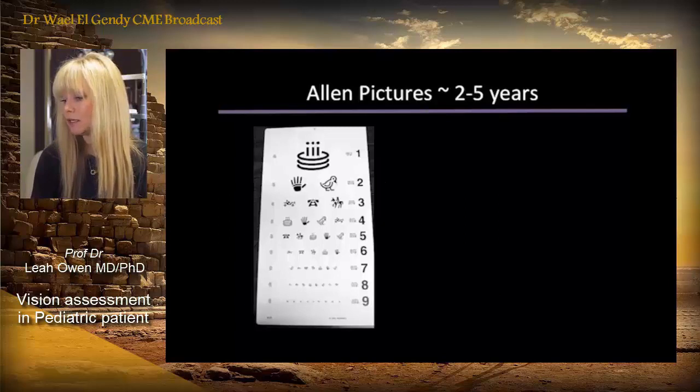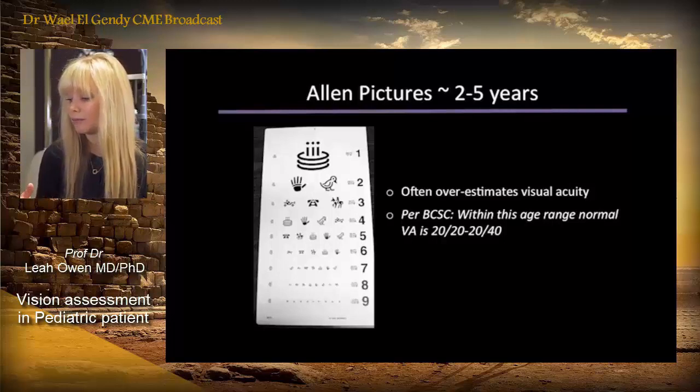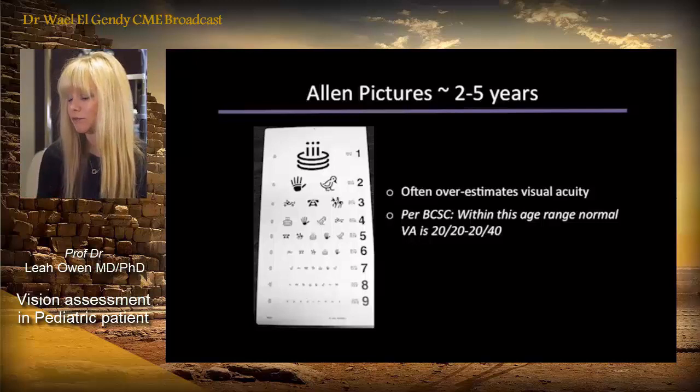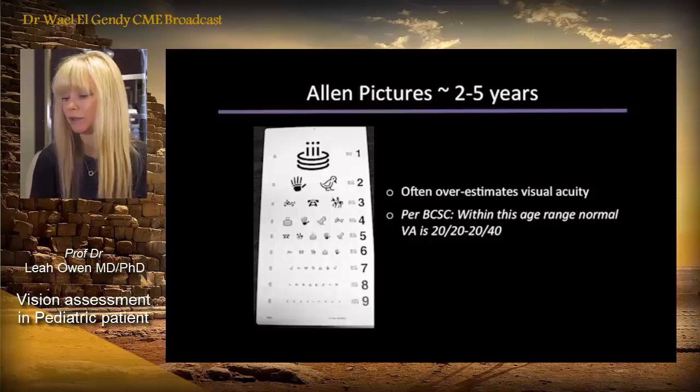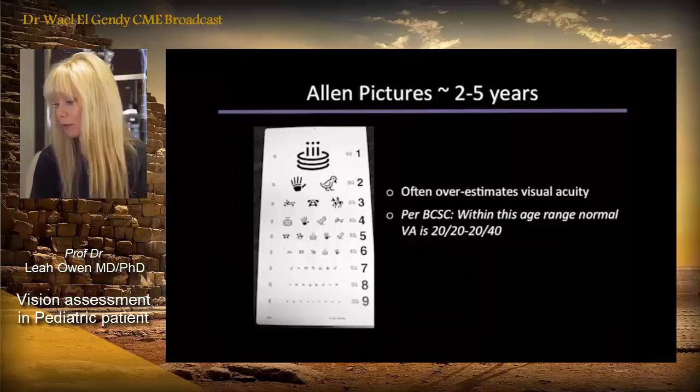And so some of these are, for example, Allen picture charts. This does often overestimate a child's visual acuity. Per our BCSC series, within an age range of 2 to 5 years, the normal visual acuity with this particular type of testing can range from 20/20 to 20/40.